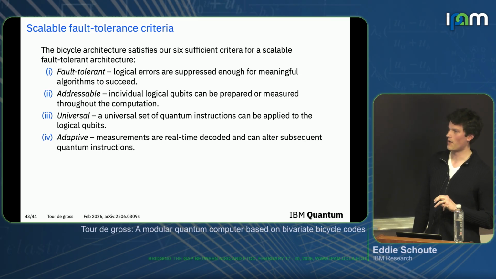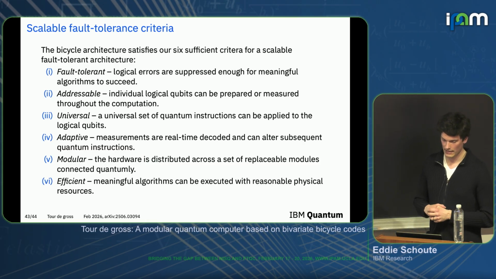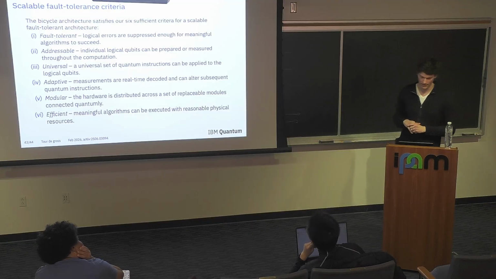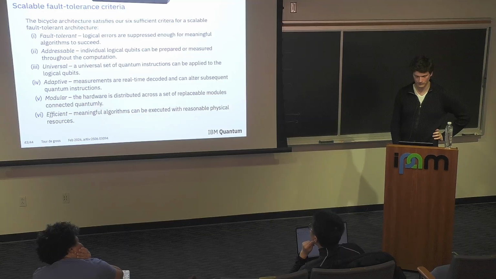It's adaptive in that we can do feed forward and adjust future computation based on measurement results. And it's modular because we can replace individual modules and build a larger architecture. And finally, it's efficient in the sense that we can execute meaningful algorithms using only reasonable physical resources.